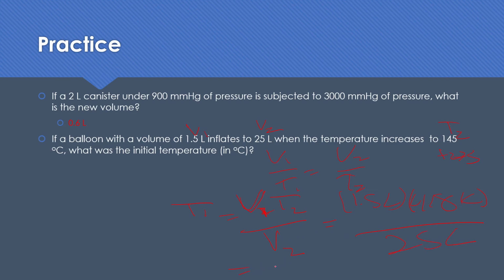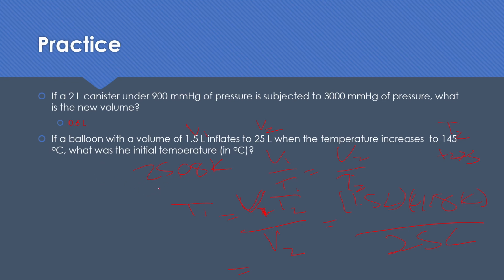You find that you get 1.5 times 14 divided by 25, and you get 25.08 Kelvin.